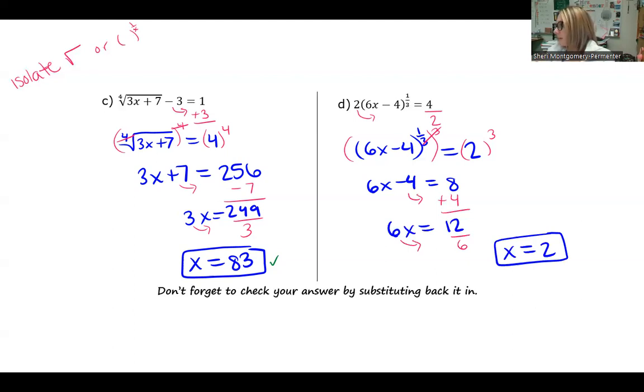Did you get the same thing? Good. Okay. If we were going to check that, if I plugged it back in, what's 6 times 2? 12. What's 12 minus 4? 8. Okay. Something to the 1/3 power. So this is 2. And then we've got something to the 1/3 power.